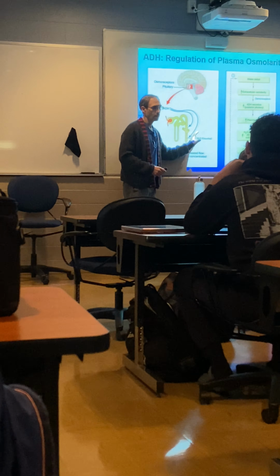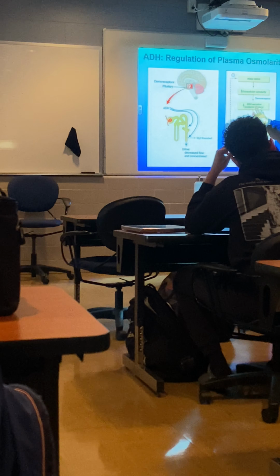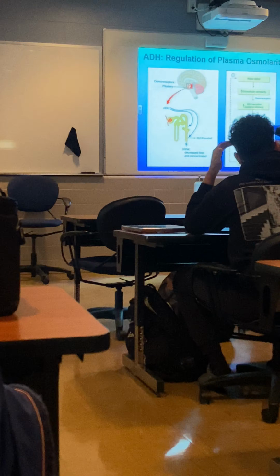Okay, again, here's the sequence of events. We have a deficit in water. That's going to increase the extracellular osmolarity. That's going to stimulate the osmolar receptors. That's going to cause ADH secretion. ADH is produced where? Hypothalamus, which nucleus? The supraoptic nucleus, and it's released where? Posterior pituitary gland.